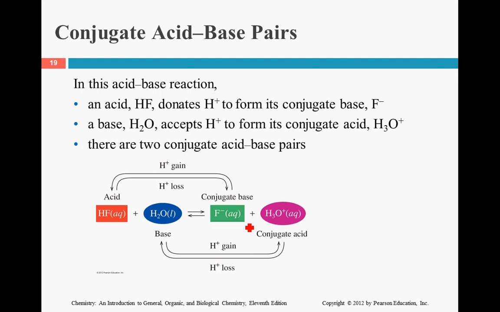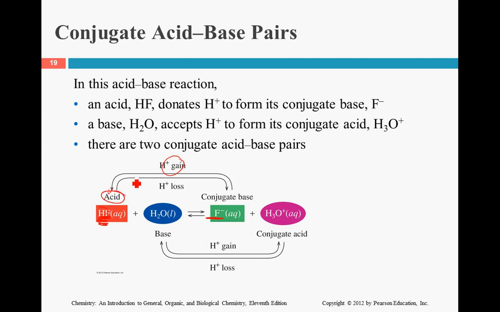So let's take another look. So let's look at HF specifically. HF at the beginning, it can donate this hydrogen. So that means on this side, it's only F minus. It doesn't have that hydrogen in front of it. However, it could then turn around and regain that hydrogen.